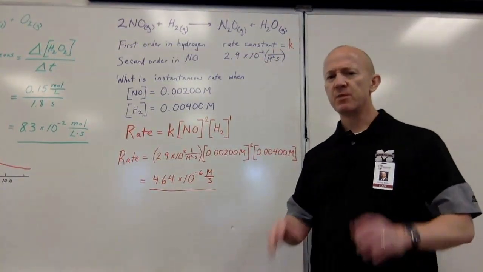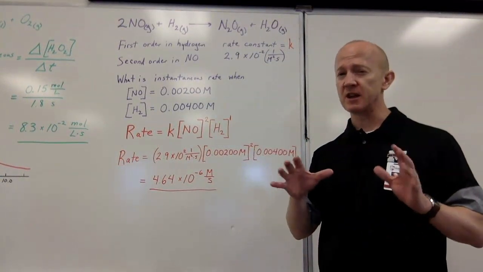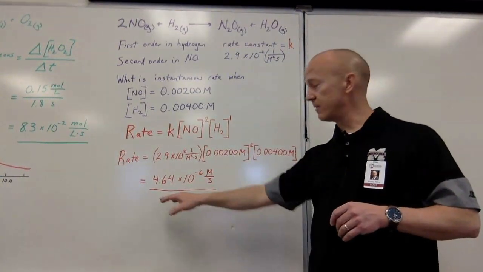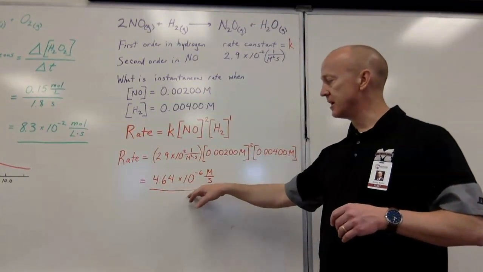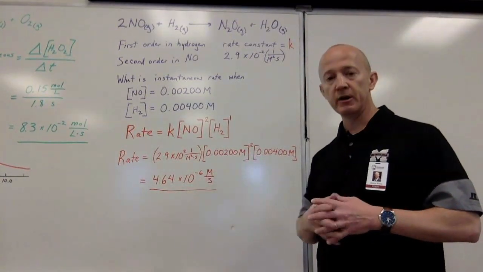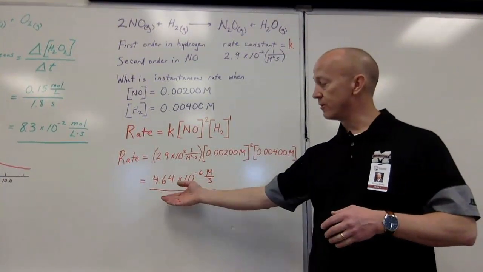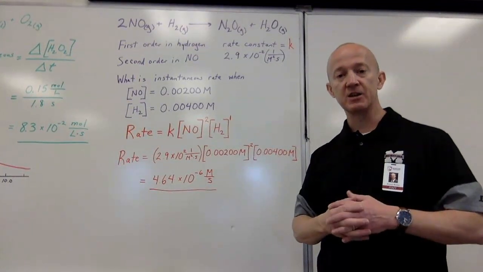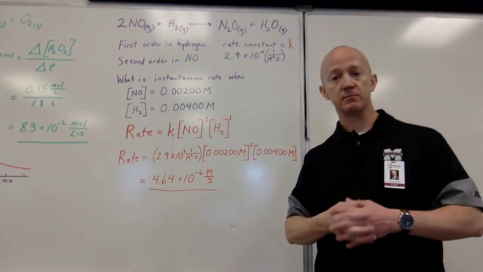And by the way, probably important to use some parentheses here when you're doing this, just to keep things as error-free as possible. When I do that, my final is 4.64 times 10 to the negative 6 molarity per second, or moles per liter second. This is my instantaneous rate, using a rate law based on this reaction.